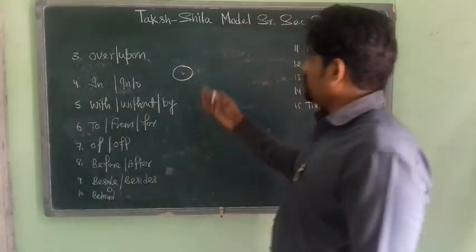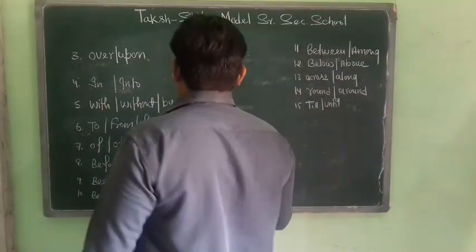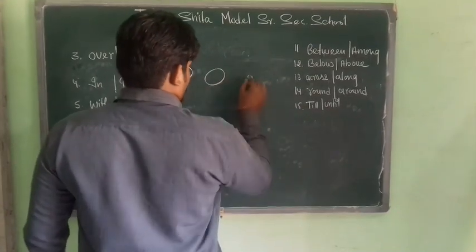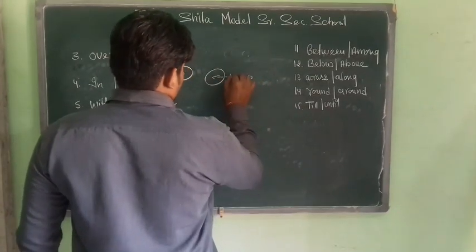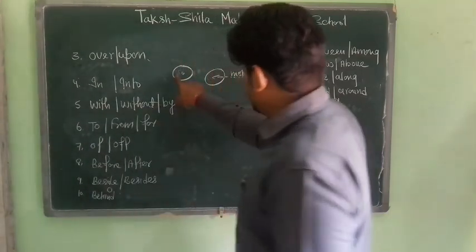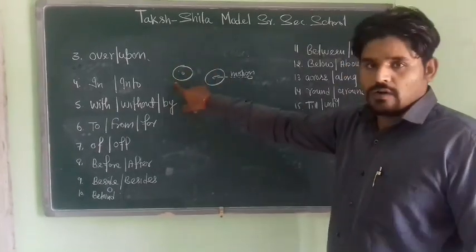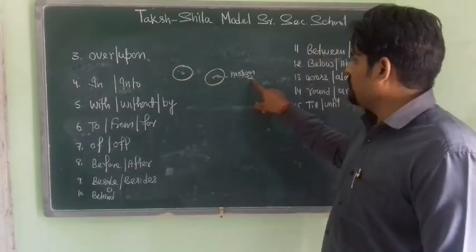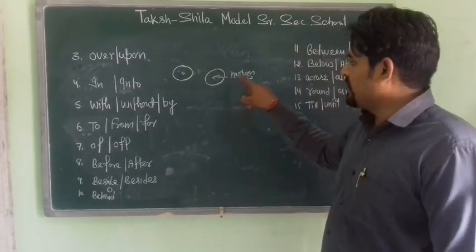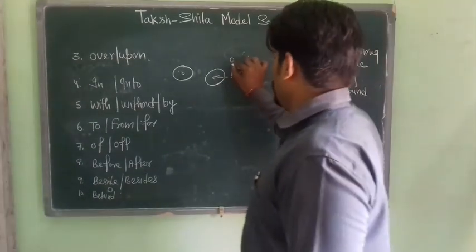And then there is a use of into. Into is used when one thing enters the other, but this thing is in motion. In motion. In the case of in, the thing is already stationary. It has no movement. It is already placed within a closed area. But when one object enters the other place, and it is in motion, this is called into.